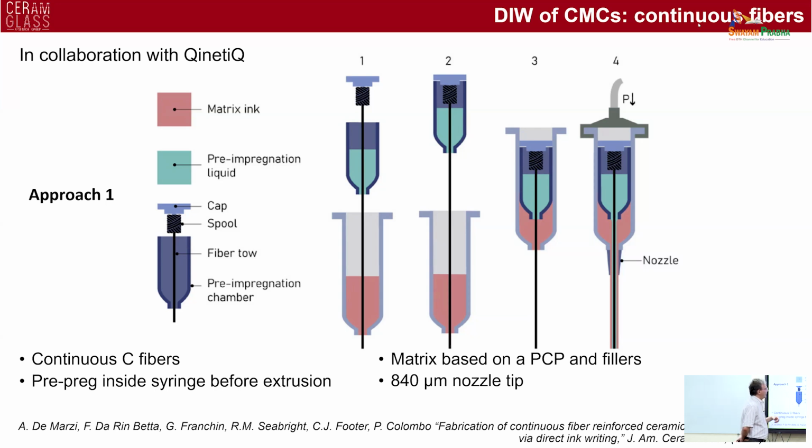And one of the things that I should mention is that the continuous fibers are, of course, dry. You can have strands with 3,000, 6,000, 12,000, 24,000, 36,000 fibers within the same tow. And there's nothing between the fibers. There is a void.